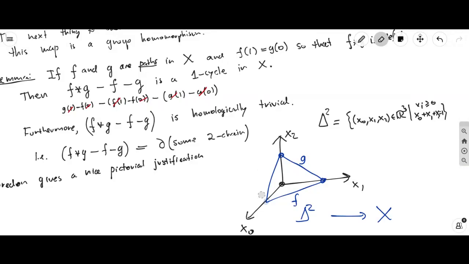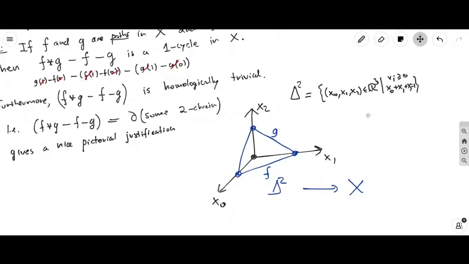But how do you define what it does from x0 to x1? So here's the way that you do it: you're going to draw perpendiculars. You're going to interpolate this with perpendiculars. You kind of do it like this.